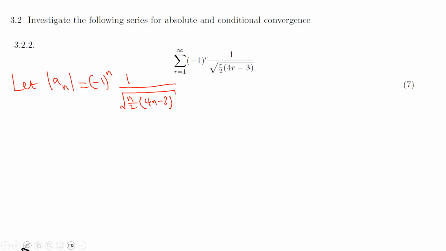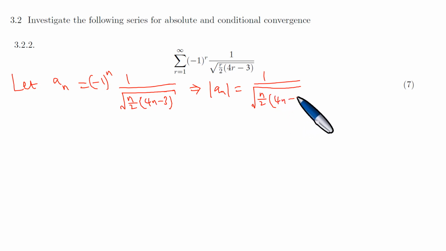So you take a_n to be the general term of the given series, but this implies that then we can check the modulus of this. Now you can take the modulus. That's what you get when you take the modulus.